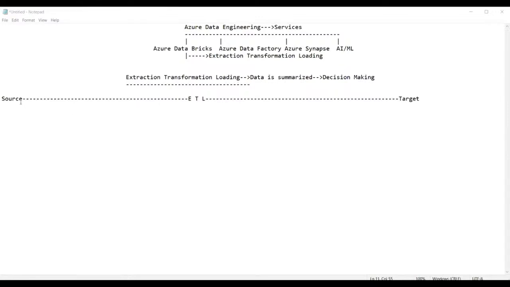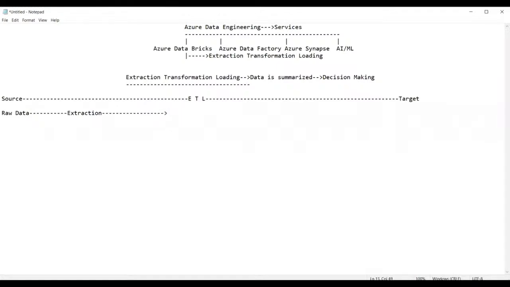What is the source and what is the target? Let us try to understand this, guys. Source is a place where we get the raw data. This raw data is extracted as per the requirement in the process of extraction, which means picking up the data.